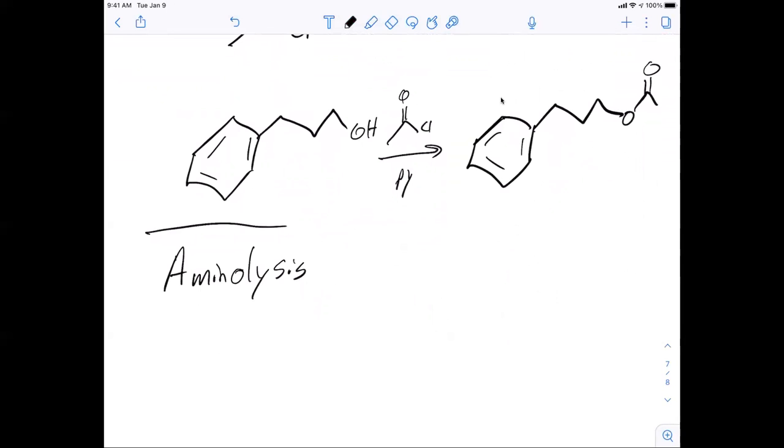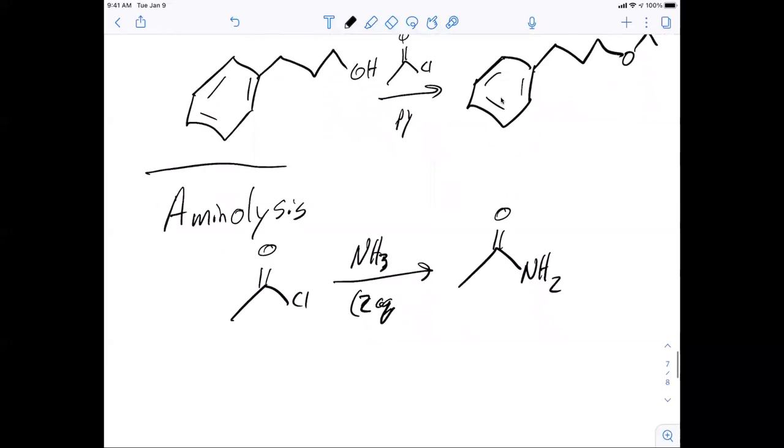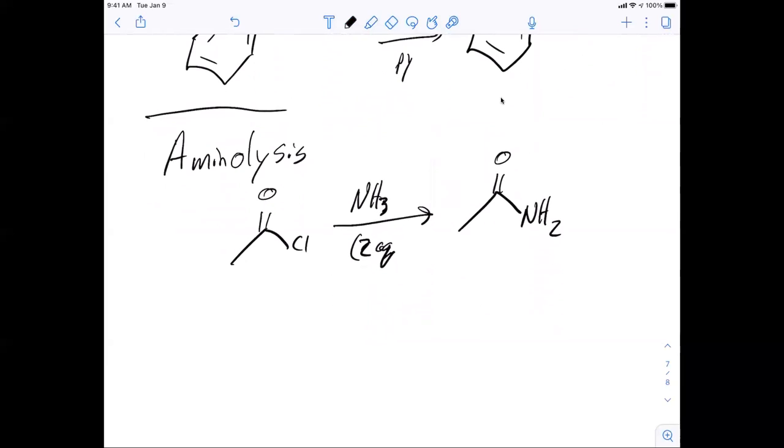Aminolysis, okay, so that's going to be amine breaking. On this one, we need two equivalents.